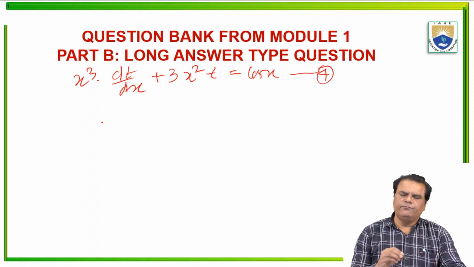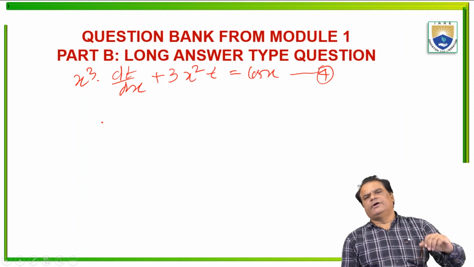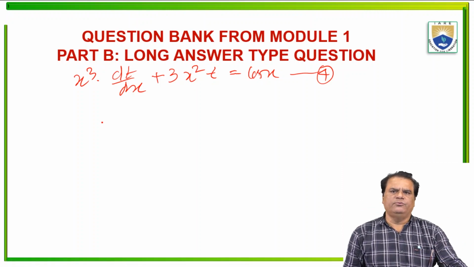This is equation 4. The given question is converted into linear after putting some value.